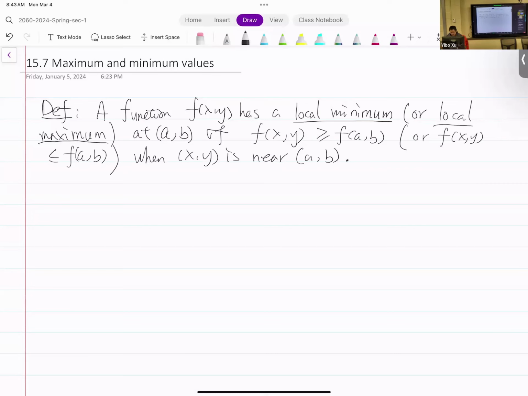And then in that case, we just call f of AB the minimum value or the maximum value.